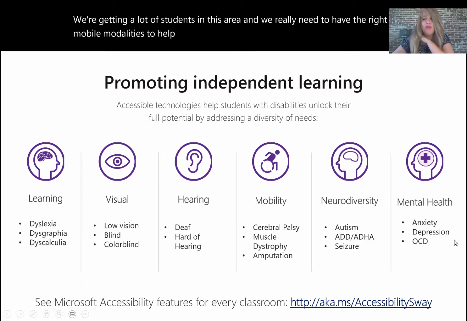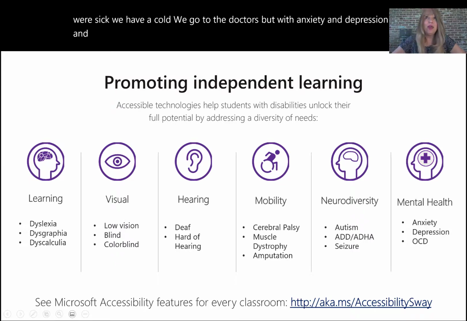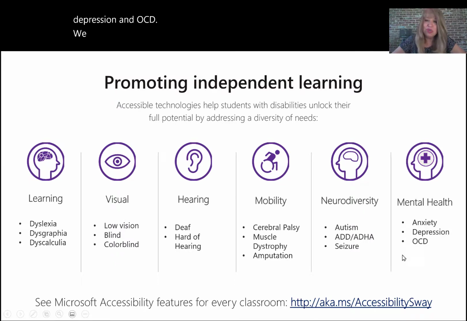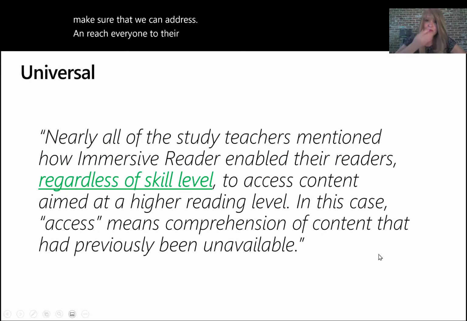And even mental health for sure. It's funny, if we're sick or we have a cold, we go to the doctors. But with anxiety and depression and OCD, we seem to treat those people differently. And it's something that we need to make sure that we can address and reach everyone to their full potential.